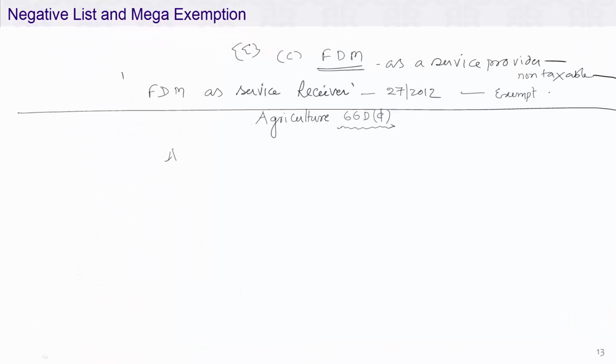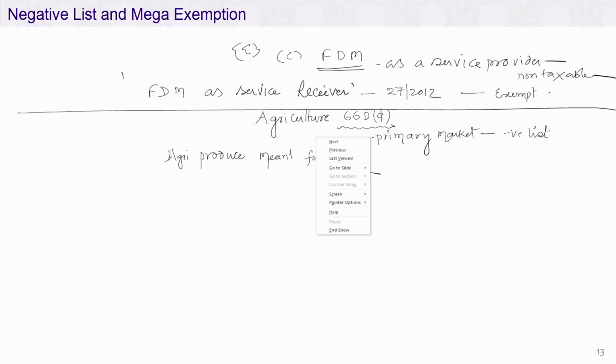Agricultural produce prepared and meant for the primary market. You see, this is the primary market. This is the negative list, mostly. And what about goods produce meant for the secondary market?